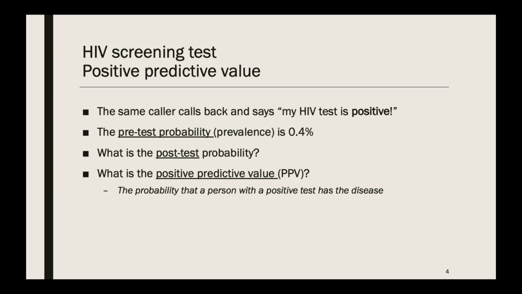And now we're asking, what is the post-test probability? What is the probability after having this test, which in this case has been positive? And we also like to phrase it as, what is the positive predictive value of the test? What is the probability that a positive test in this patient has HIV?